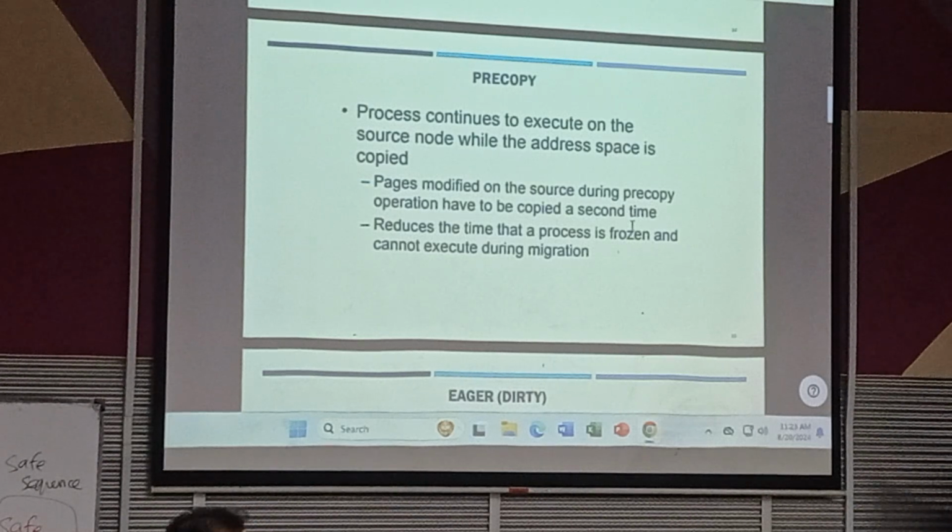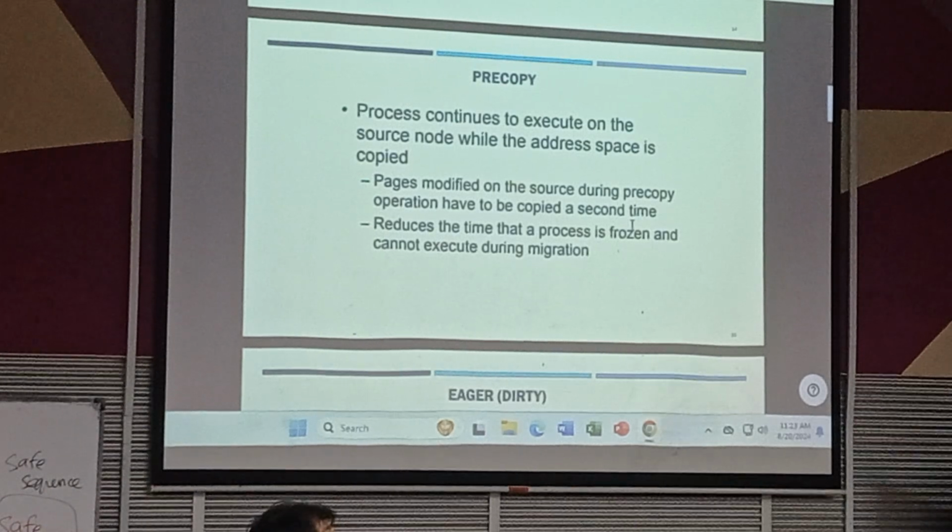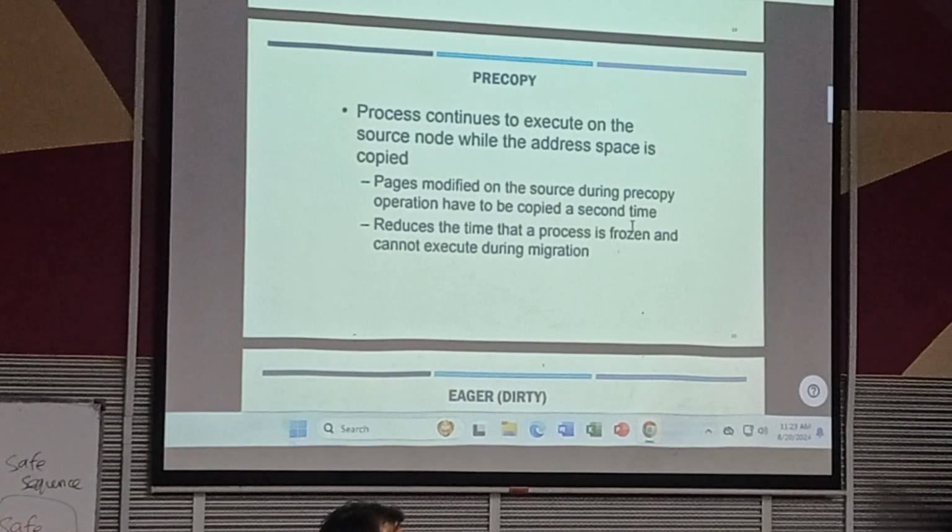What is good about pre-copy? Because you're transferring while you're running, the user doesn't feel anything. They don't feel the frozen time, because you are transferring while you are running. But the disadvantage here is if your program changes some part of the data that has been transferred, you have to transfer again.